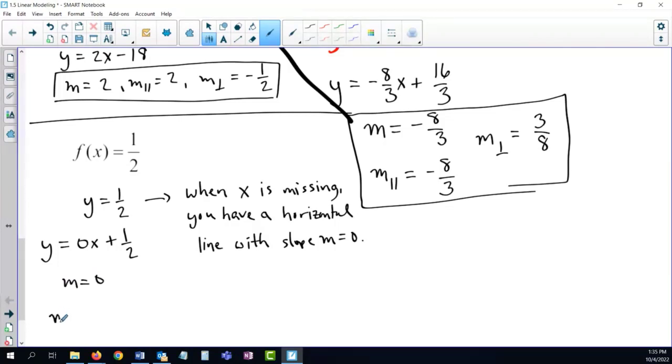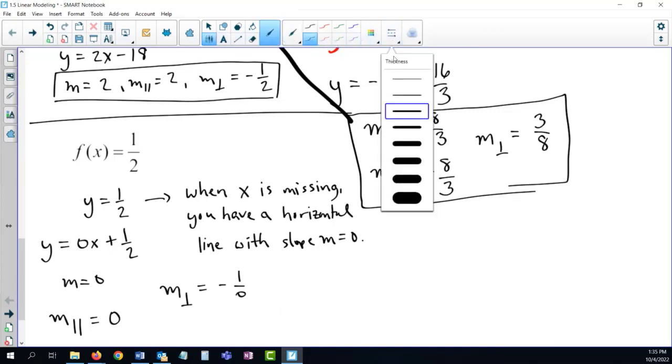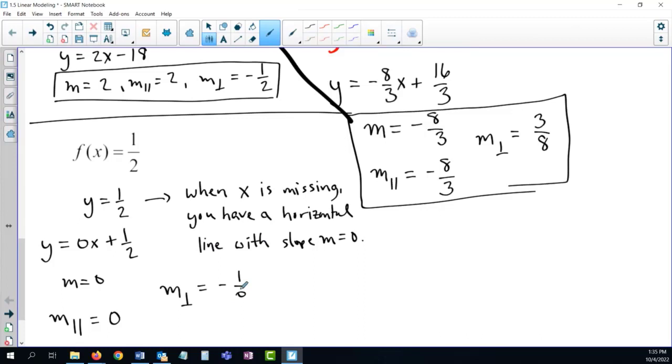Any parallel line is also going to have a slope of 0, but the perpendicular line is going to cause some problems. 0 is fine. 0 over 1 is fine, but when I flip this, I cause division by 0. Whenever you see division by 0, you stop and run the other way.